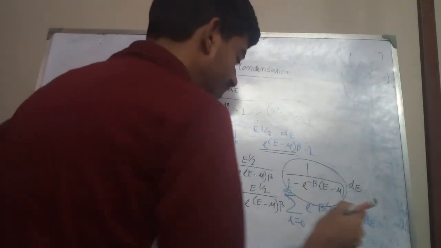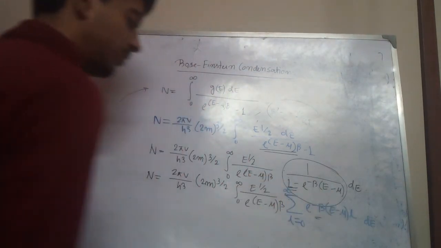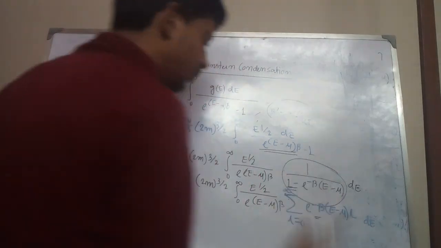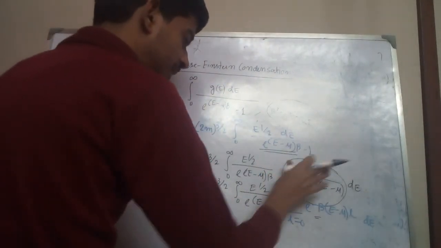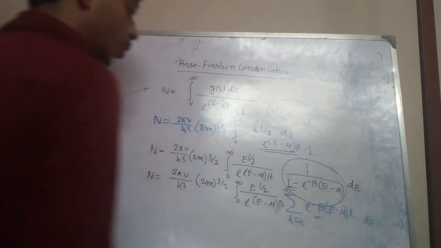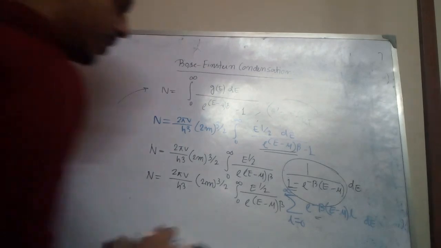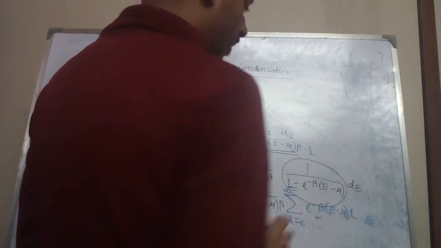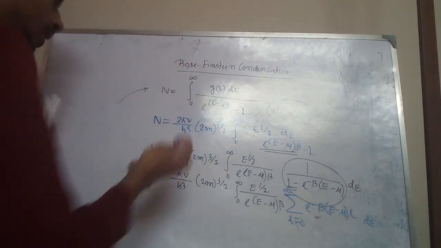If we put the value L equals 0, we get the first term; if we put 1, the second term, then the third, fourth, and so on.